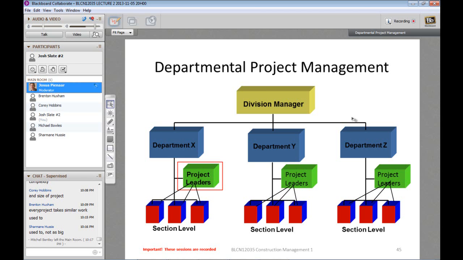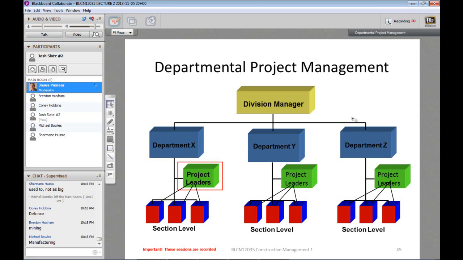Where do you guys think, what kind of industry might this suit best? Any ideas? Might not be construction. What do you guys think? Where would this work? Mining, manufacturing, yep, there we go. Pharmaceuticals, all right, so pharmaceuticals might also be a good idea.